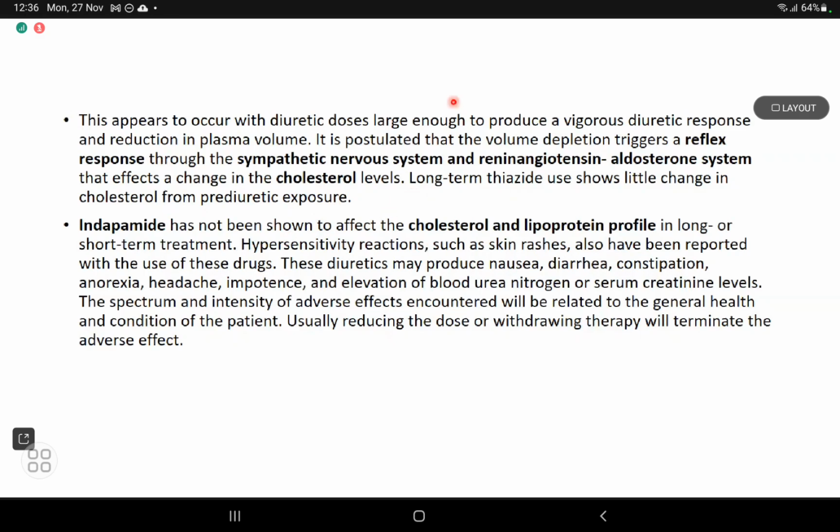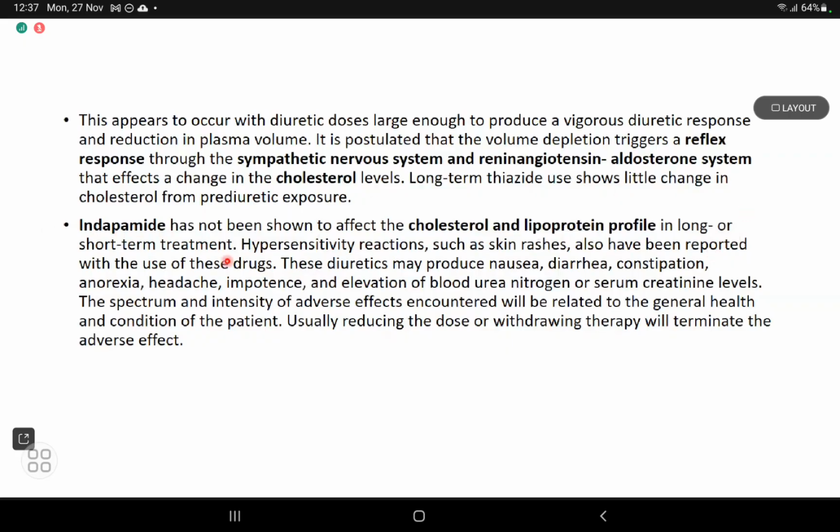So even though the majority of the drugs might cause an increase in cholesterol, some of them might not. I give you one example. Indapamide has not been shown to affect your cholesterol and lipoprotein profile in long-term or short-term therapy. This is quite interesting.